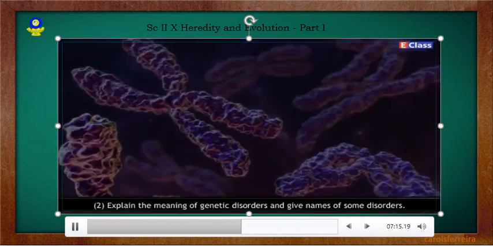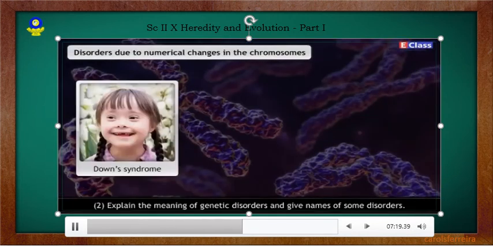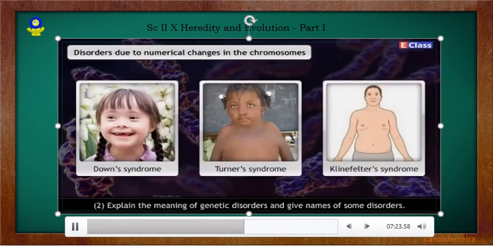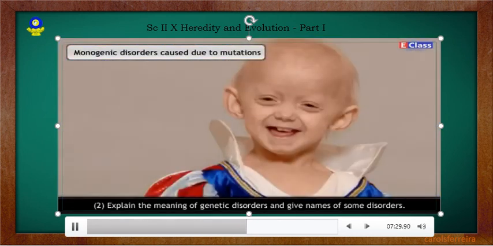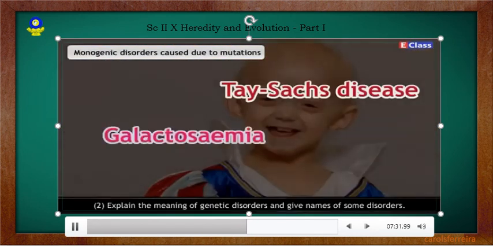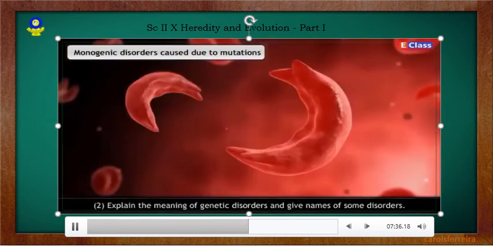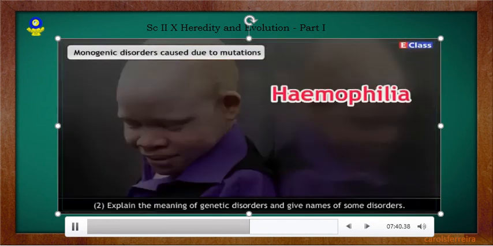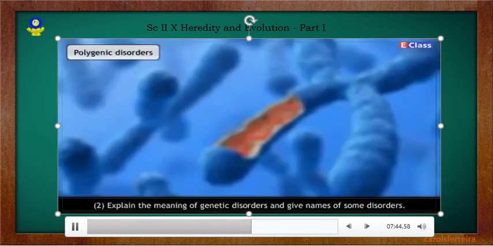Examples. 1. Disorders due to numerical changes in the chromosomes: Down's syndrome, Turner's syndrome, Klinefelter's syndrome. 2. Monogenic disorders caused due to mutations: Hutchinson disease, Tay-Sachs disease, galactosemia, phenylketonuria, sickle cell anemia, cystic fibrosis, albinism, hemophilia, night blindness, etc. 3.